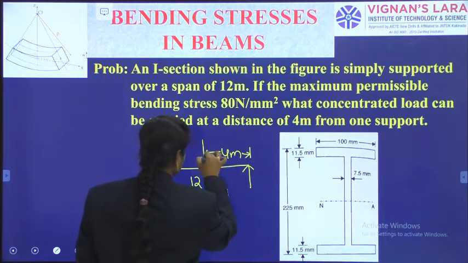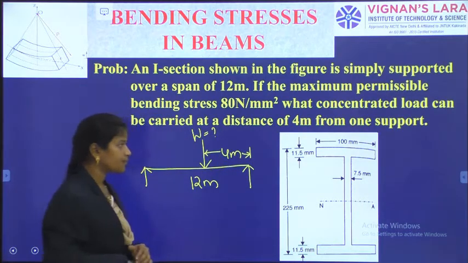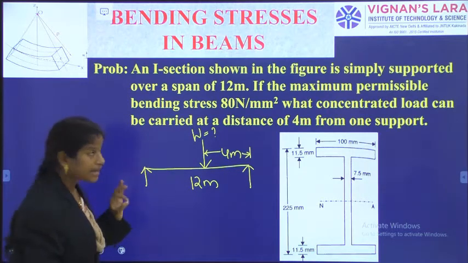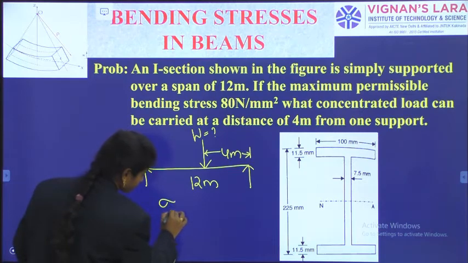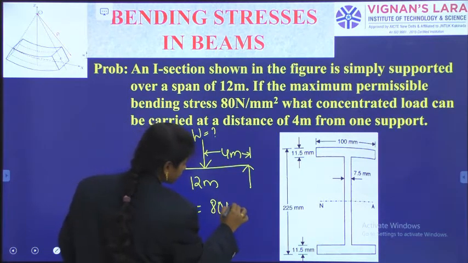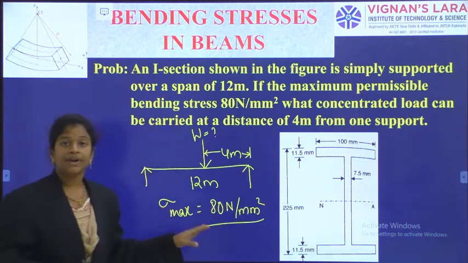So I need to calculate W. What they have given? They have given sigma max as 80 Newton per mm square, the maximum bending stress limit.